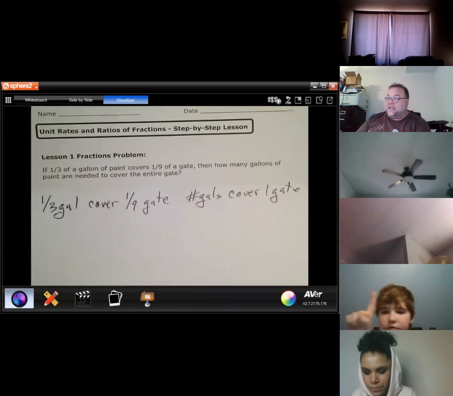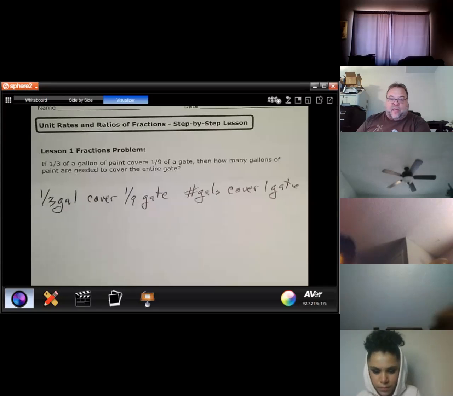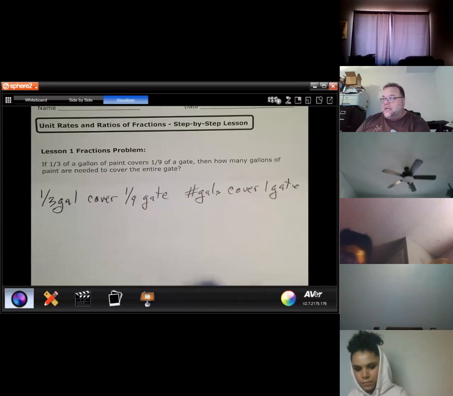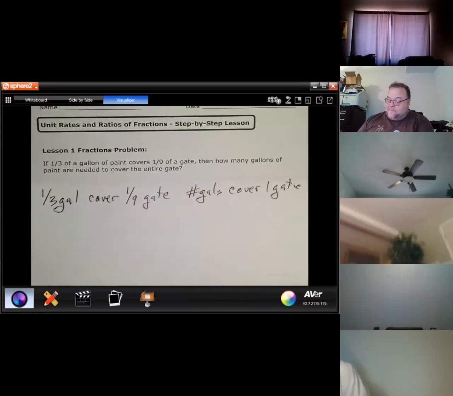So basically what I'm saying is, if it took him 1/3 of a gallon to paint 1/9 of the gate, how many gallons do I need to paint all of it together, right? So that's not really a tough question, right? It's more of a thing of how are we going to calculate that?